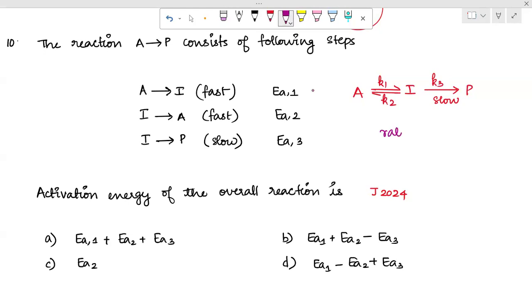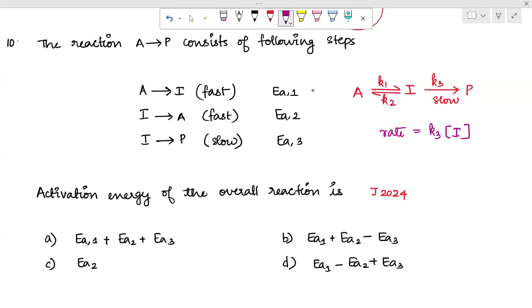So the rate is always determined by the slowest step, and the slowest step is mentioned. So rate is equal to K3 into concentration of I. Now, concentration of I should be eliminated because that is an intermediate. It is already given that this is under fast equilibrium, so you can use the approximation method to eliminate.